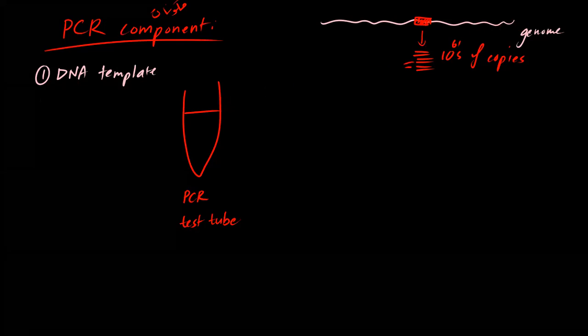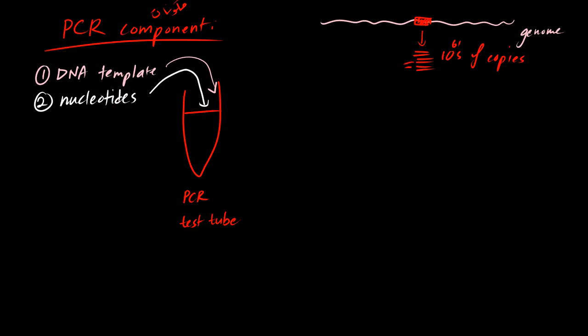And then we also need nucleotides. So we add the DNA template, and we add the nucleotides. These nucleotides will enable the DNA polymerase to synthesize or make a new DNA molecule.